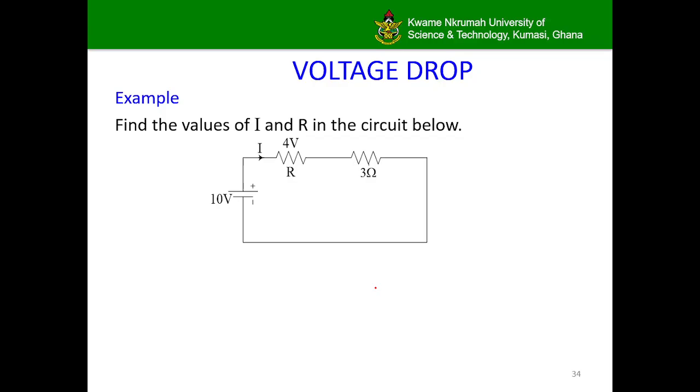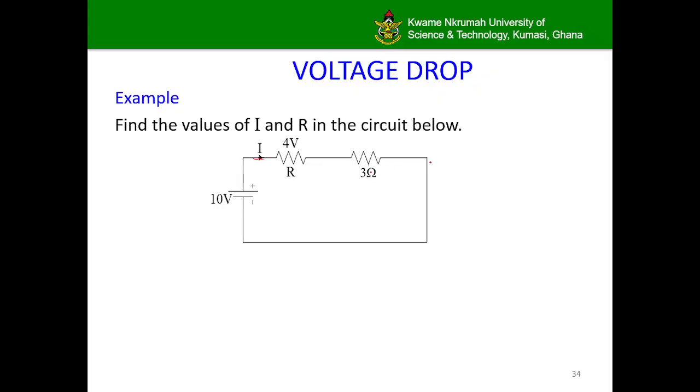Let's look at this example. In this circuit, we are to find the values of I and R in the circuit. I is the current passing through both resistors, R and then 3 ohms, and R is the resistance of the first resistor.